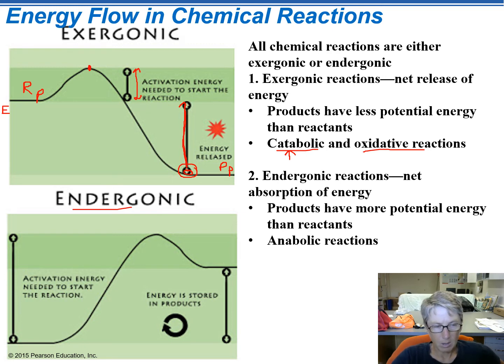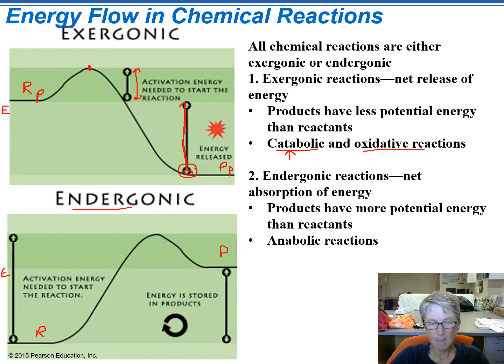So again, Gibbs free energy is on the y-axis, and you need to put in activation energy to get the reaction started. So you have to absorb energy into your system. Here are the reactants over here, and here are the products.